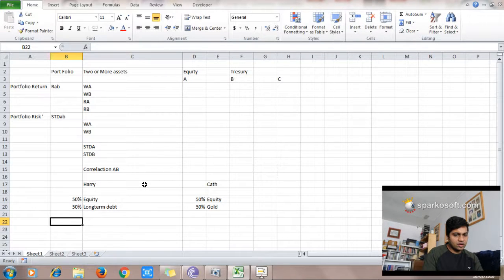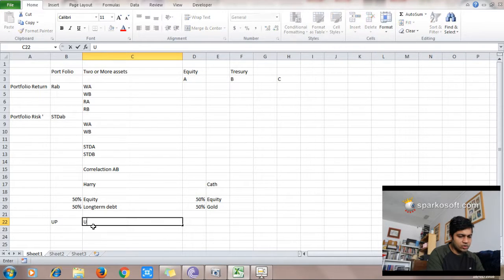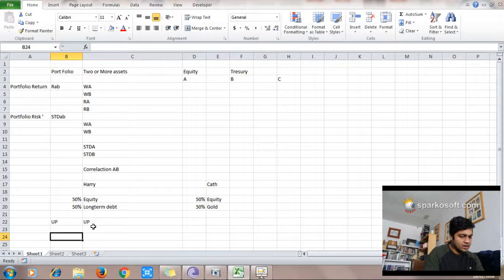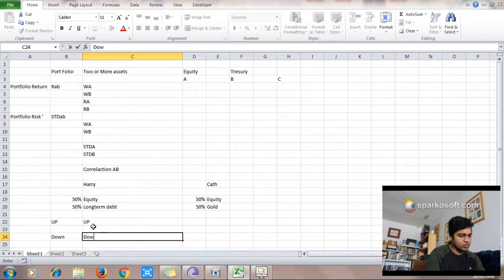If there is a bullish run in the economy, if the economy is doing well, both these assets do well. So equity is moving up, assuming that Harry's two assets have positive correlation and Catherine's two have negative correlation. If equity goes up, long-term debt also goes up, but if equity goes down, long-term debt also goes down.